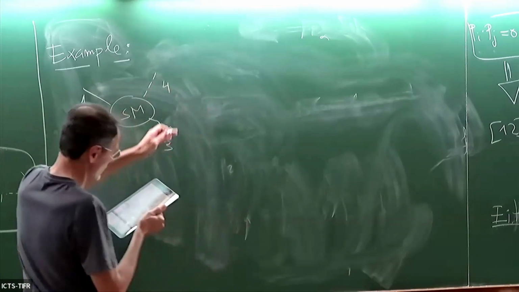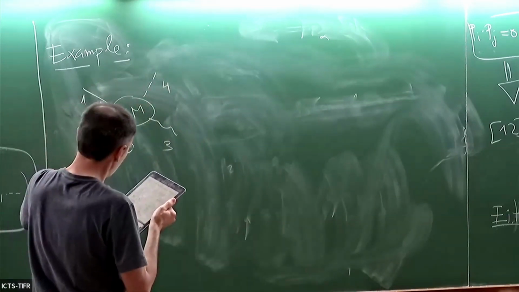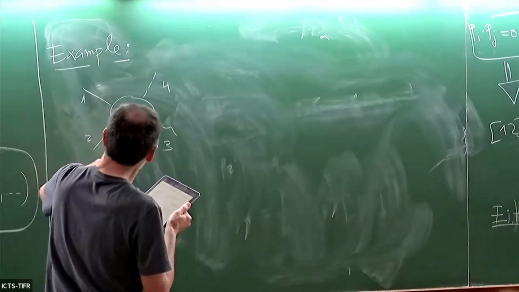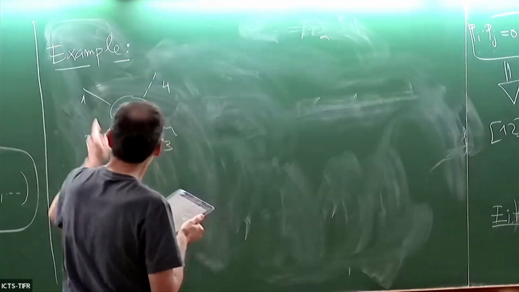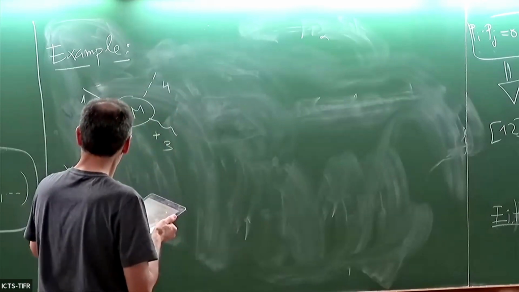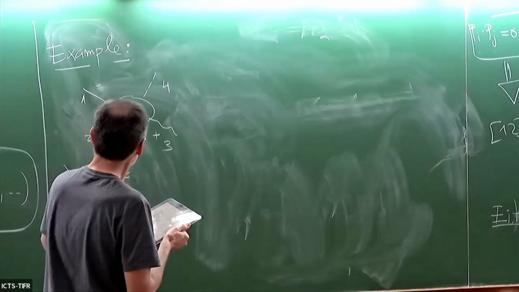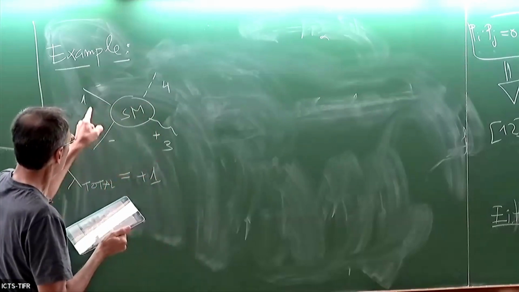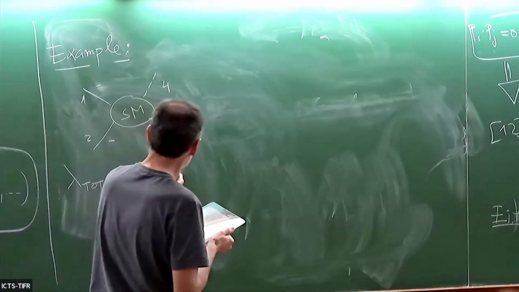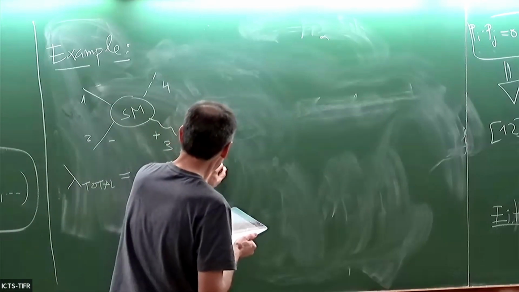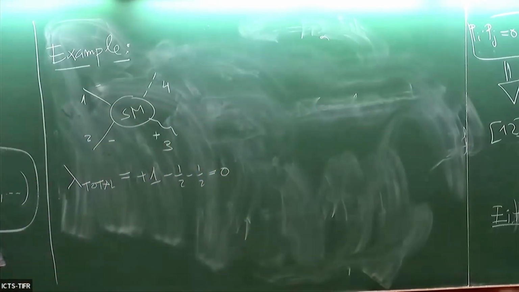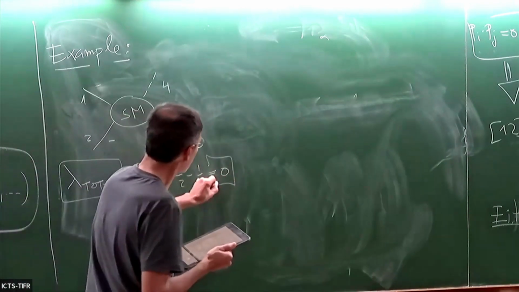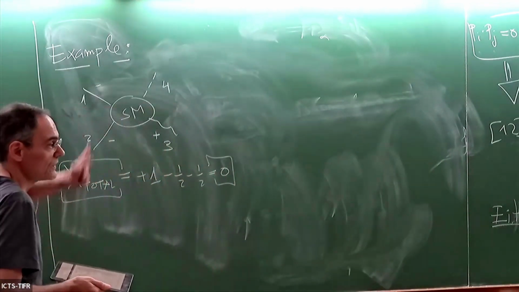Label the particles 1, 2, 3, 4, all of them incoming, and now I choose the helicities: minus, minus, plus. The total helicity is +1 from the vector. I put a plus, but it's +1. Each fermion is minus a half, minus a half, so the total is 0. It doesn't have to be 0, it can be any number.